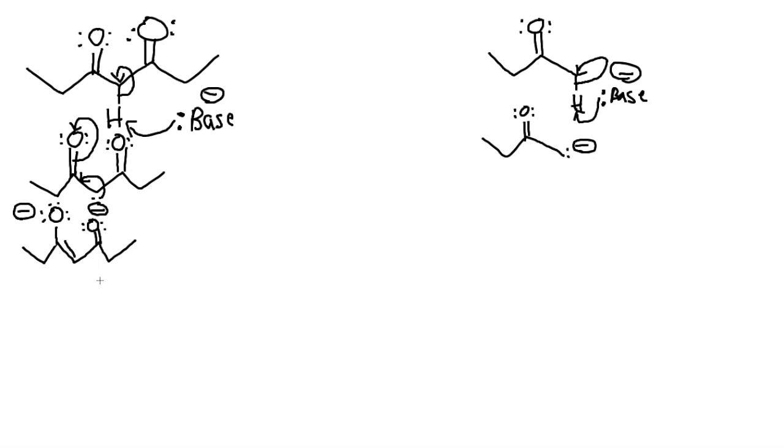Now we can do one more thing. We can move one of the lone pairs on this, forming a double bond. But this double bond moves over here, and we have to avoid carbon having five bonds. So we move this double bond on top of this oxygen, forming a lone pair. So it will look like this.